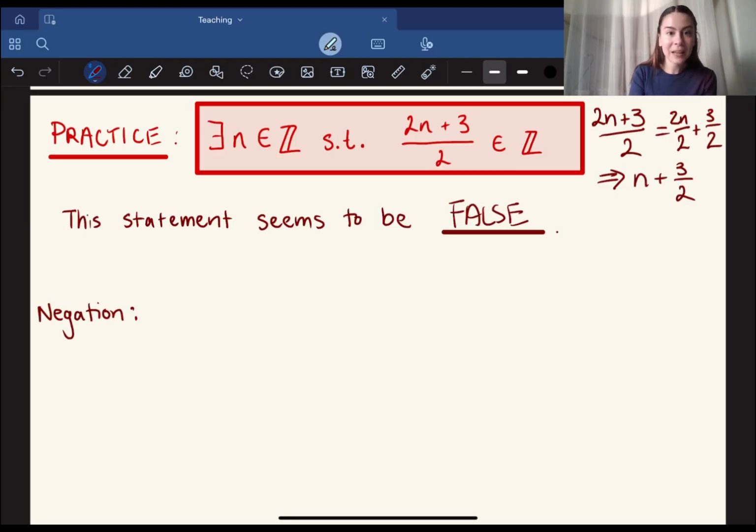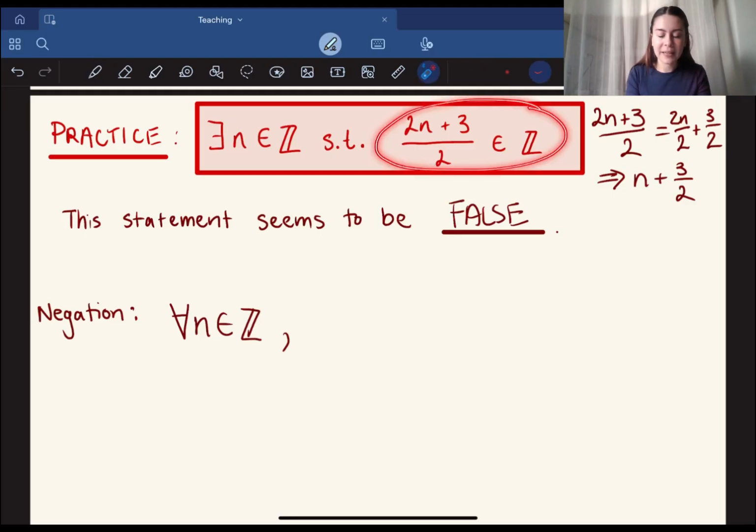Okay, so negating it from left to right, we have the existential quantifier, so we get the universal quantifier. In other words, for all integers n. And now we want to negate this predicate here. Well, the negation of (2n plus 3)/2 is an integer would be (2n plus 3)/2 is not an integer.